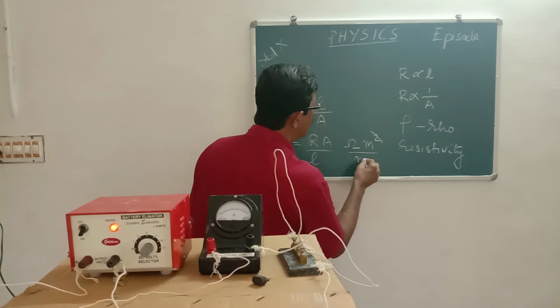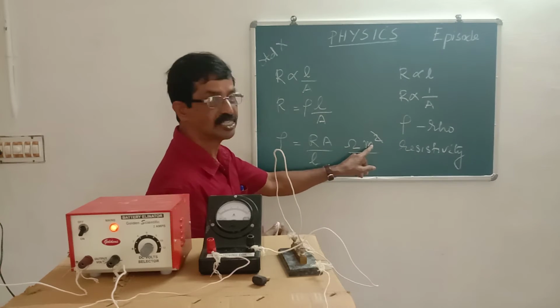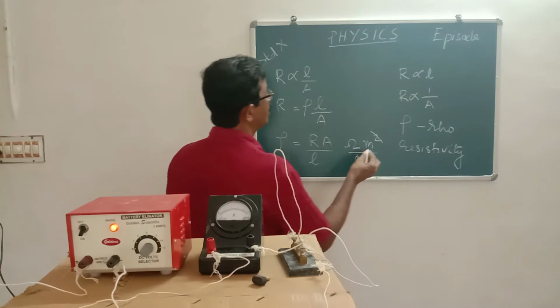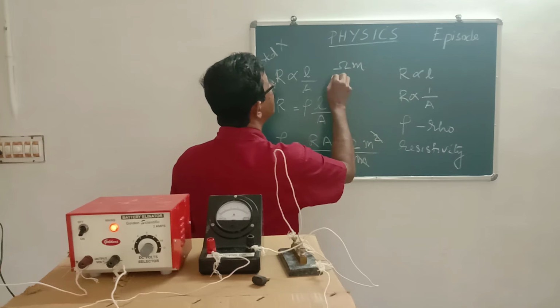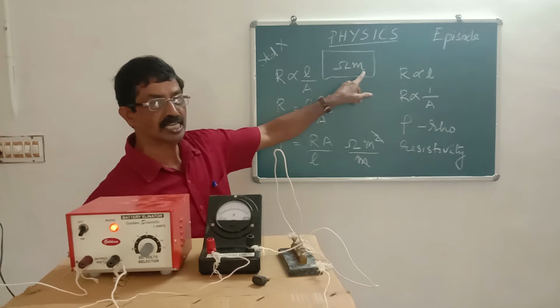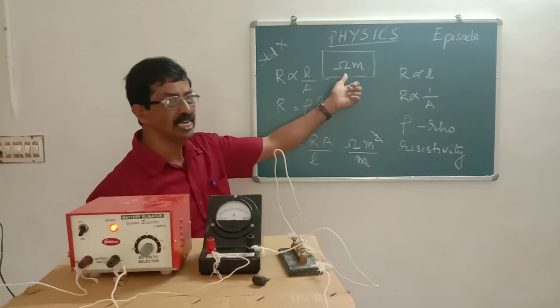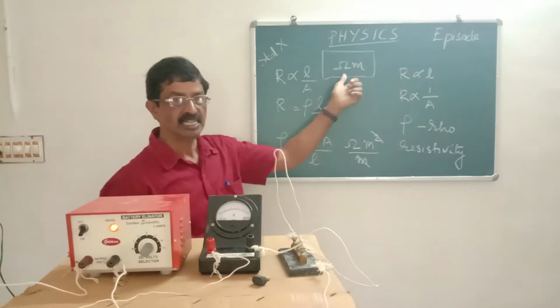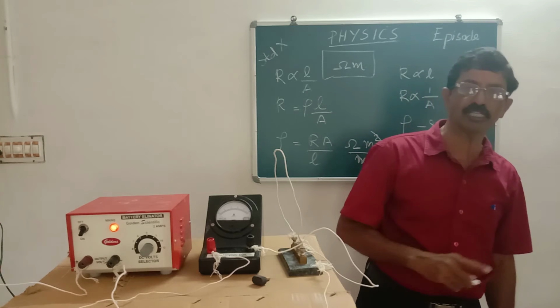Now one meter we can cancel. Then what will remain? Ohm meter. So the unit of resistivity is ohm meter. Which is the unit of resistivity? Ohm meter.